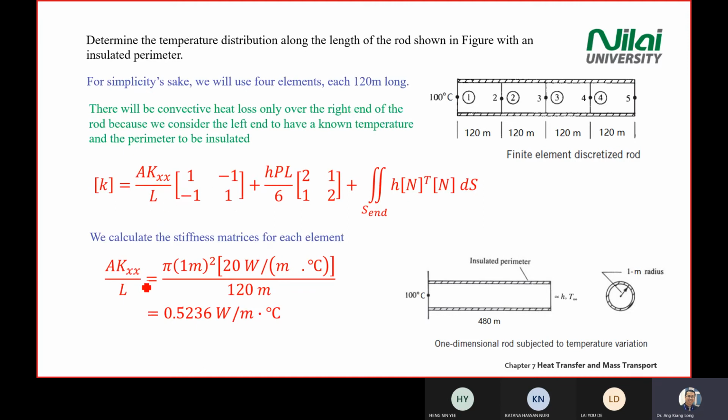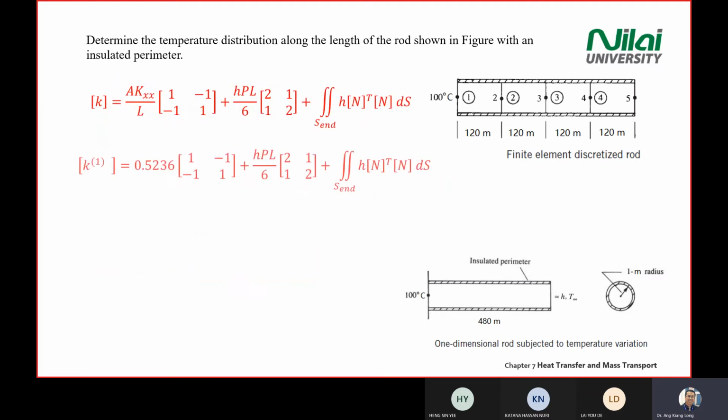Then you calculate the stiffness matrix in front of here. Then you look at element 1, what is it? Does it expose, does it open? If not open, you can cancel. And you look at it, if it's connected, then you don't have convection happen.